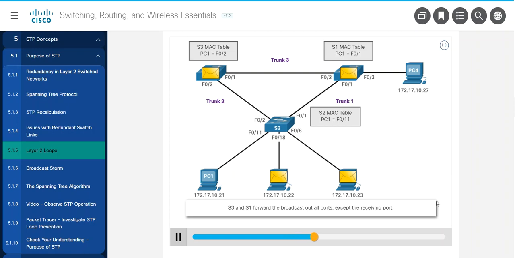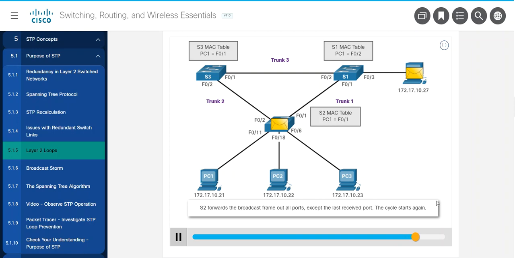Then they will also forward it out all the ports except for the one it received it on. So then you have the other switches updating it with additional information. Then they're going to forward it back out. So then you're going to get redundant information.